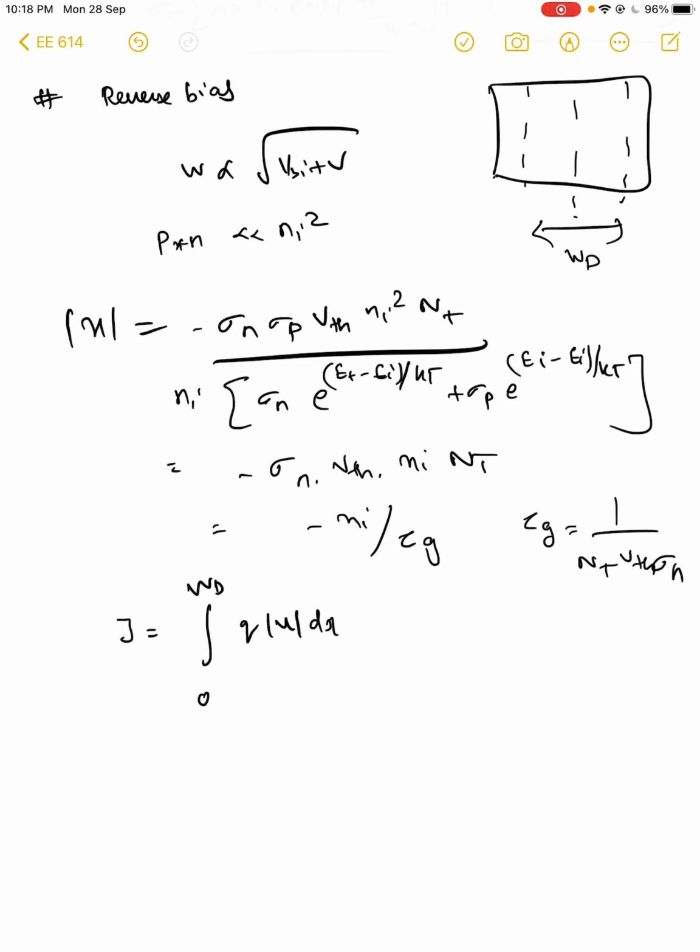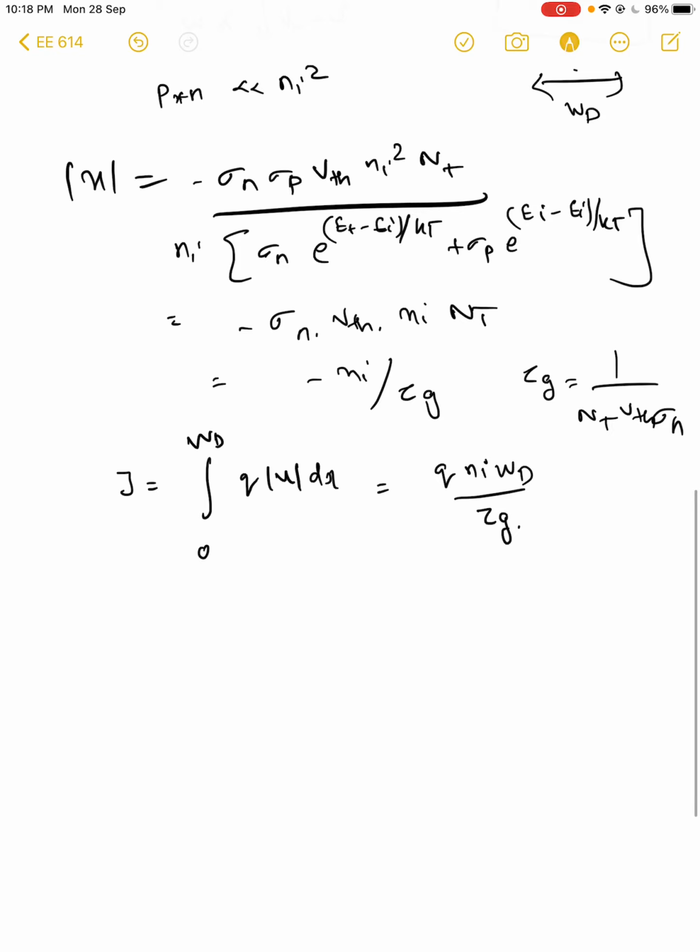If we assume this U to be constant across the entire depletion width, you get a current which is q ni WD by tau g. So the actual generation current that we have at the depletion width is proportional to the depletion width, which is proportional to the root of the potential that we had applied, right?